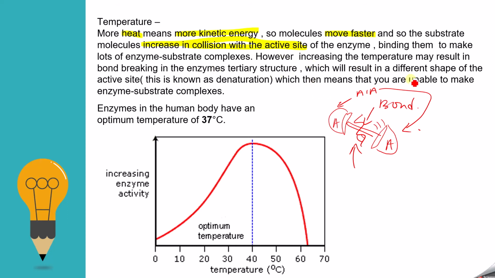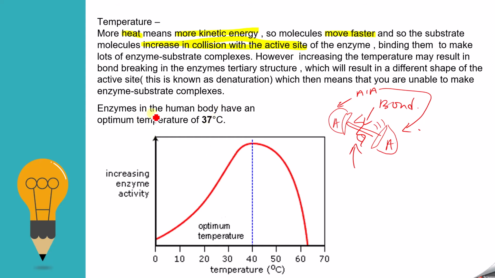This whole disturbance is called denaturation of the enzyme, or the active site. The enzyme is now denatured, and because the active site is no longer complementary to the substrate, you can no longer make any enzyme substrate complexes.